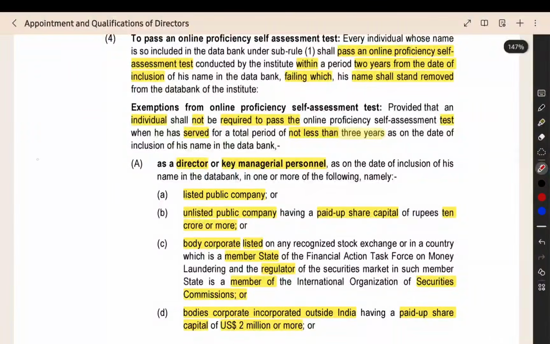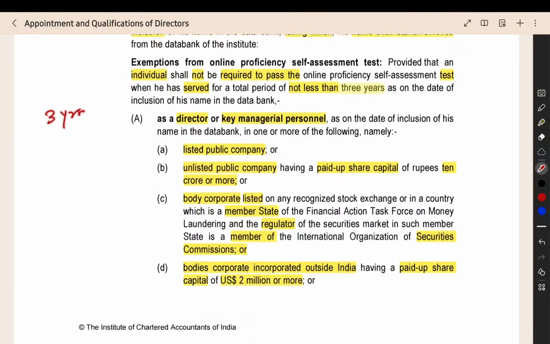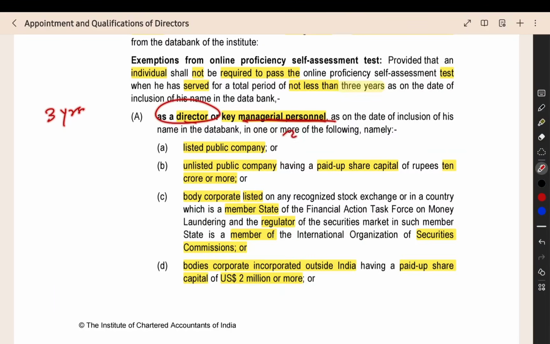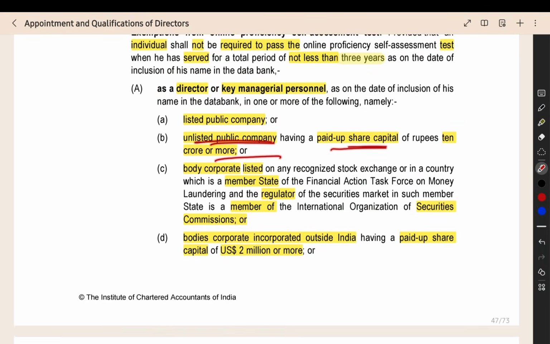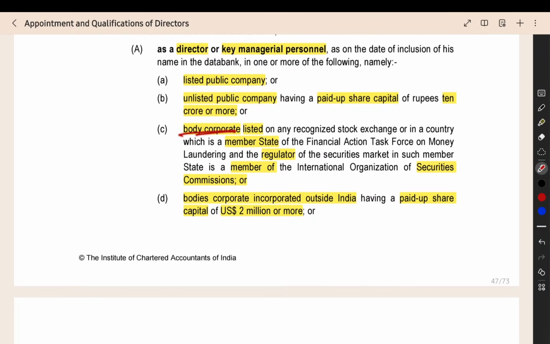Here, you are having 3 years of experience as a director or KMP of a listed public company or an unlisted public company having 10 crore paid up share capital or a body corporate in another country. A body corporate in another country, you are a director or key managerial personnel in that particular body corporate.